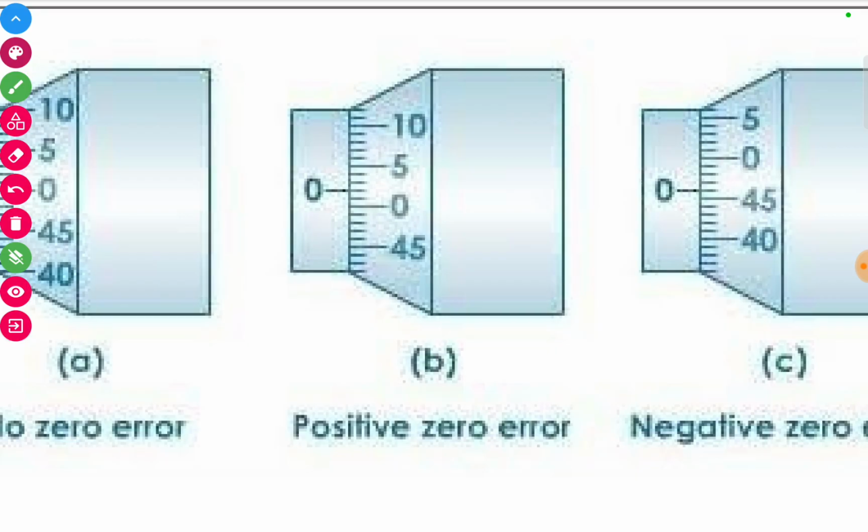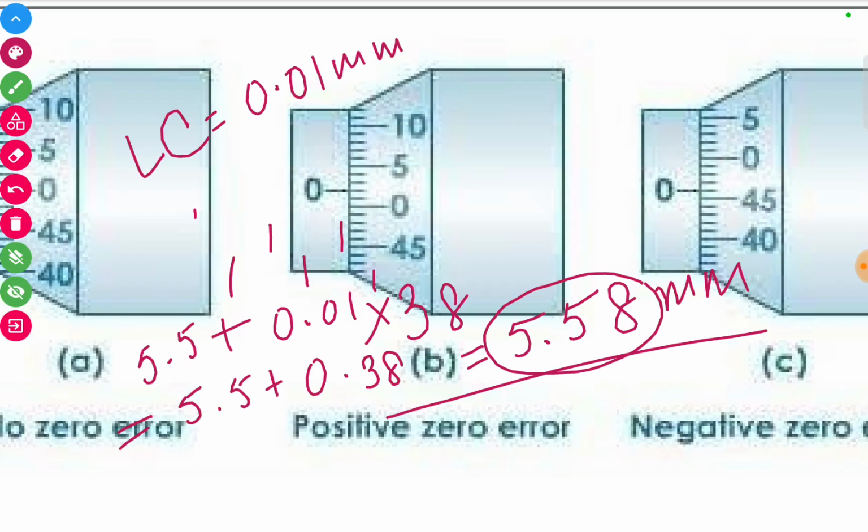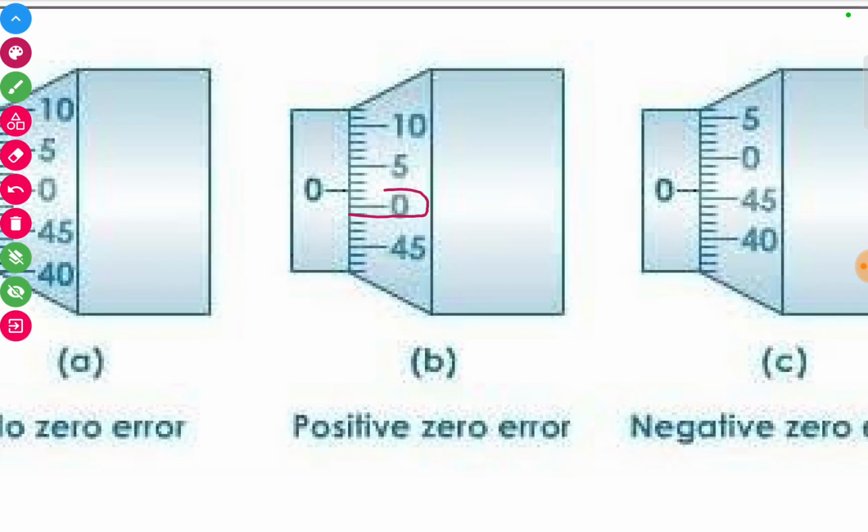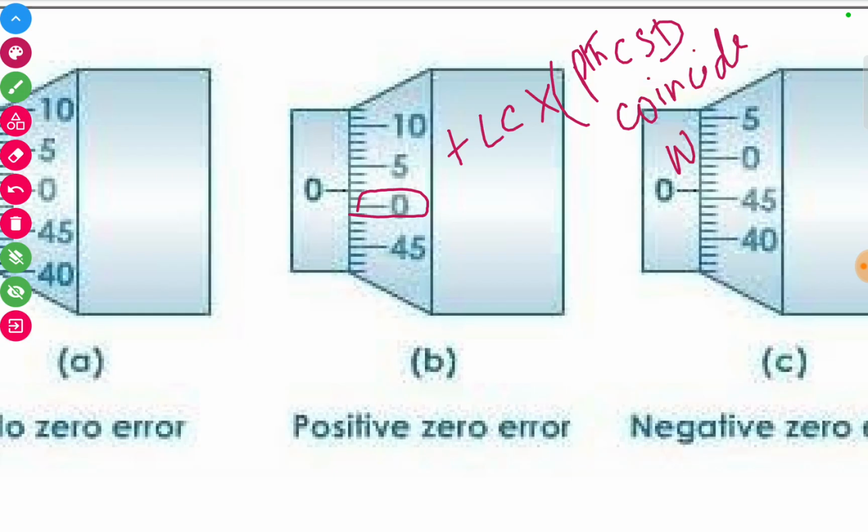You can see over here that the baseline in the main scale is ahead of the zero of the screw gauge. So how to eliminate this one? To eliminate this one, we will take plus for the positive sign, that is a positive zero error, into the least count that I've already taken, into the pth division of the circular scale which coincides with the baseline.